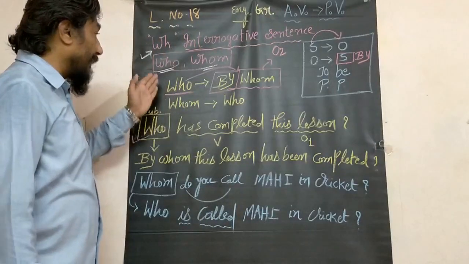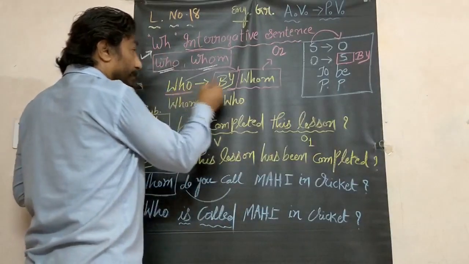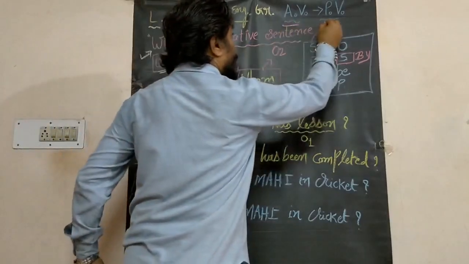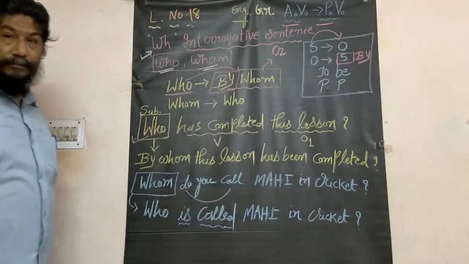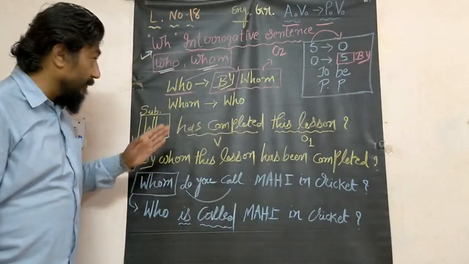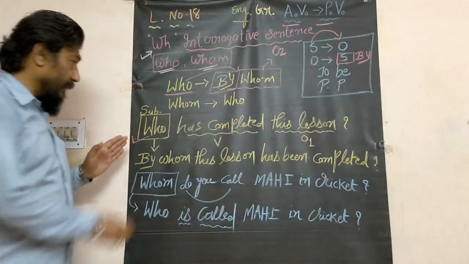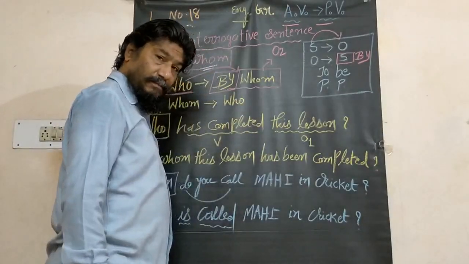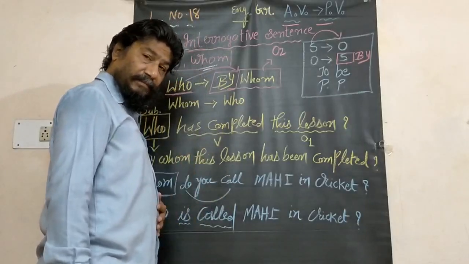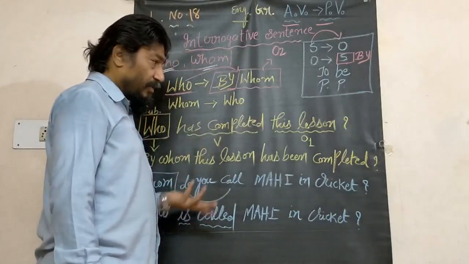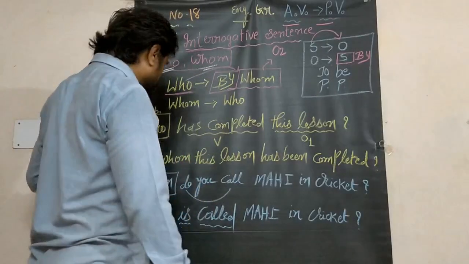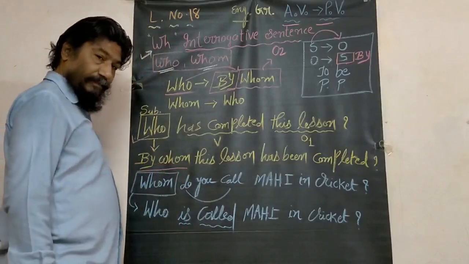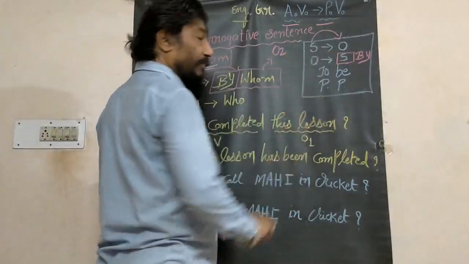This is the reason why we are using by whom in place of who when we convert active into passive. And the same thing, you see here: Who has completed this lesson well in advance? Who has tried for this? This is an interrogative question. Who is converted into by whom. Now, S2O is over.